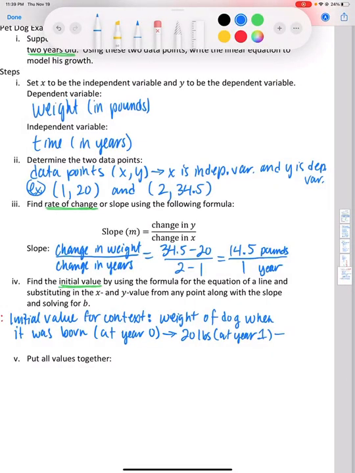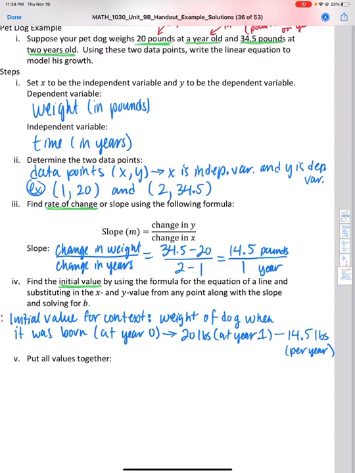And I'm going to subtract off the 14.5 pounds per year. And what do we get?